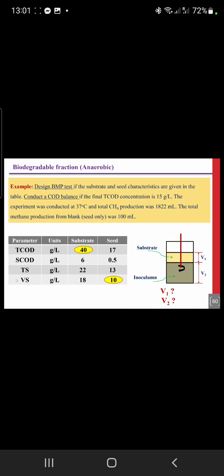So again, if you're given this table, don't get tripped up. Don't even look at the SCOD or total solids rows.